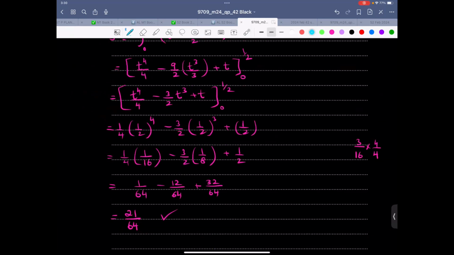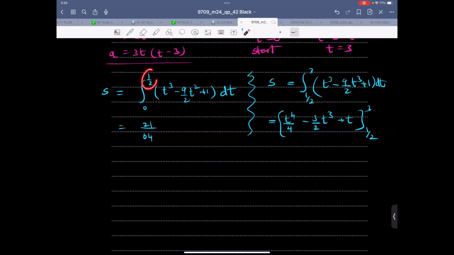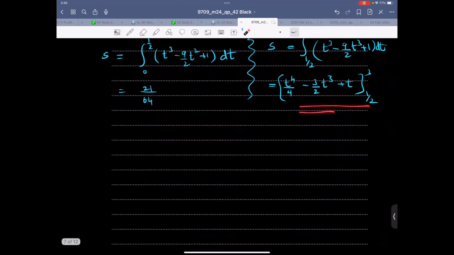That is t to the 4 over 4 minus 3 over 2 t cube plus t. And now the limit is half and 3. Now, the value for half was coming out to be 21 over 64, so I don't have to repeat the working over here.